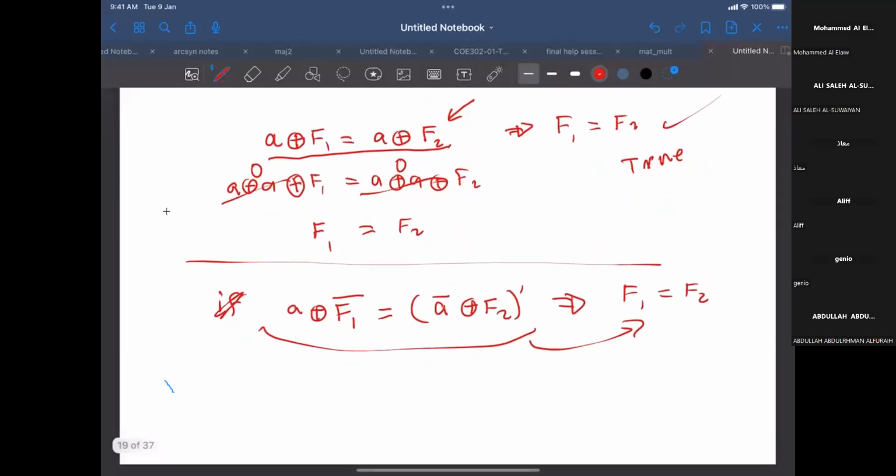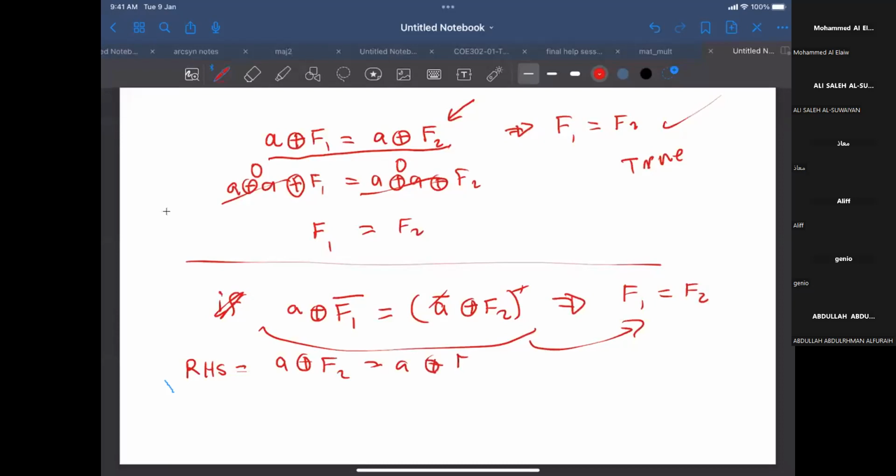Starting with this statement here, the right hand side, you can cancel out the complements by the properties of XOR gate. So basically it is A XORed with F2, and the left hand side is the same, which is A XORed with F1 complement.